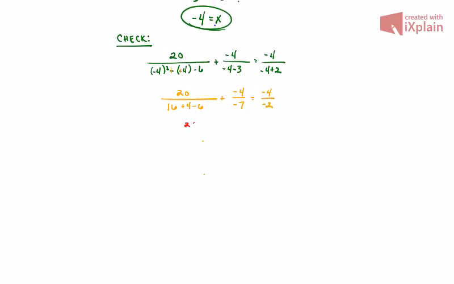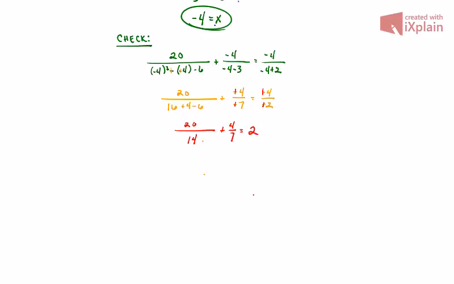So now this is going to give us 20 over 16 plus 4 is going to give you 20, but minus 6 is going to give you 14 plus, and since we have a negative over a negative, that would give us 4/7. Again, we'll have a negative over a negative, and we also have 4 over 2, which simplifies down to just a 2.